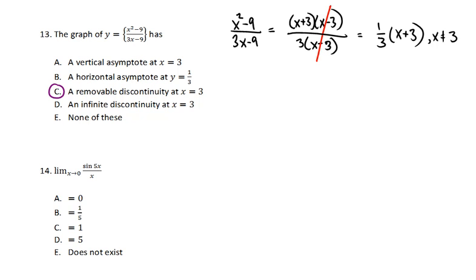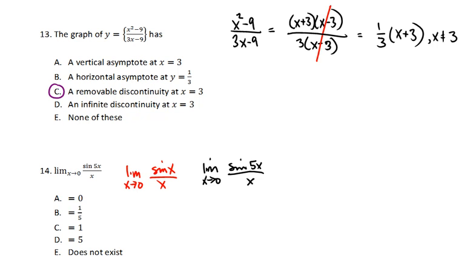14, the limit as x approaches 0 of sine of 5x over x. This is very similar to our important limit as x approaches 0 of sine x over x, and we've continually stated that as long as we get the same value inside the sine and in the denominator, then that limit would become 1.